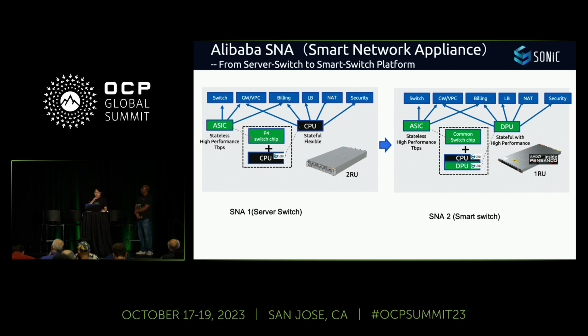Okay, so here we have a more clear comparison between the current generation of the gateway and the next. Currently, the current generation is that we have 2RU switches. The switch also provides the ToR connectivity, and we do all our services, the load balance, NAT, and things on the CPU.